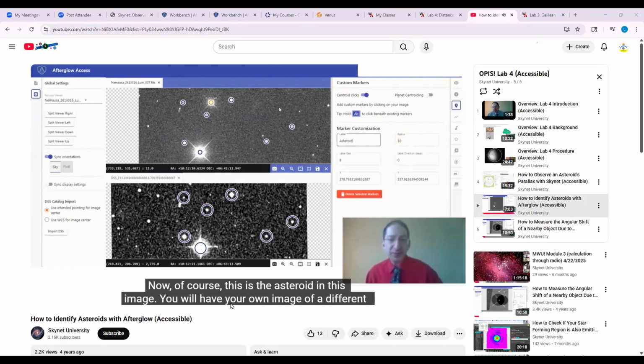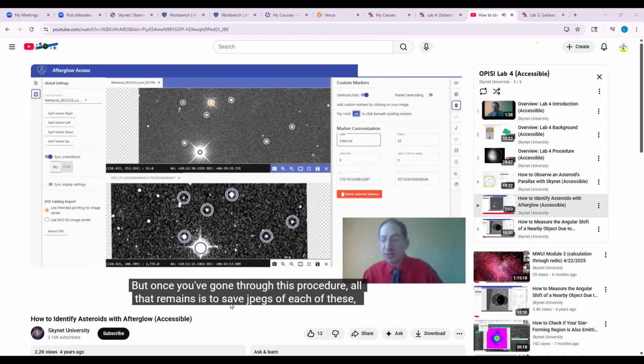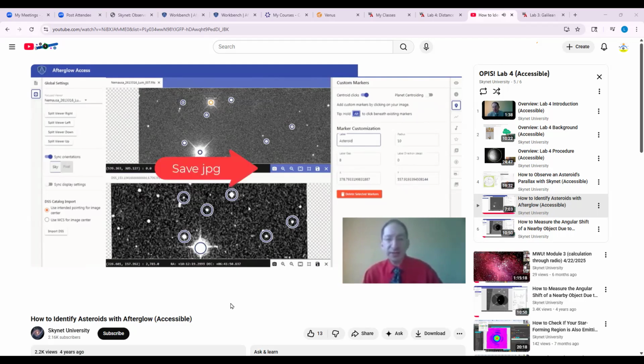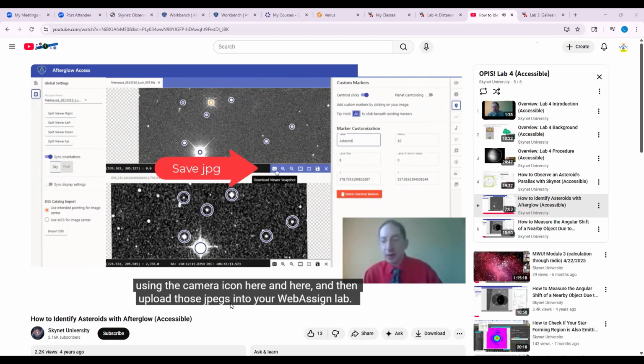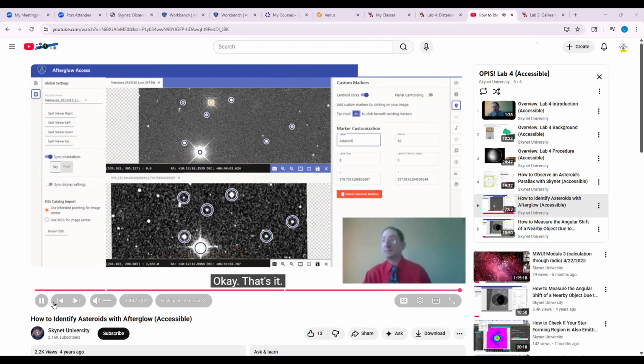You will have your own image of a different part of the sky, of a different asteroid, and you'll need to find the asteroid in your image. But once you've gone through this procedure, all that remains is to save JPEGs of each of these using the camera icon here and here, and then upload those JPEGs into your WebAssign lab. Okay, that's it.